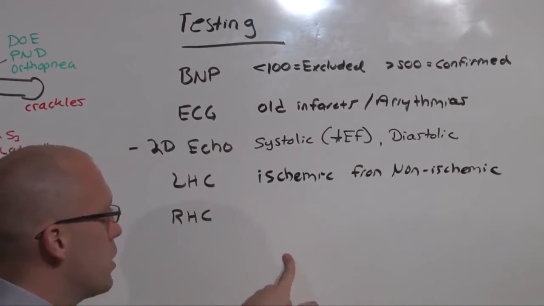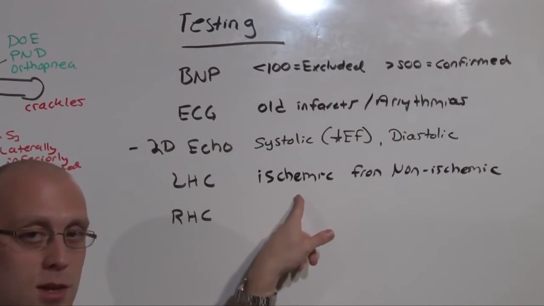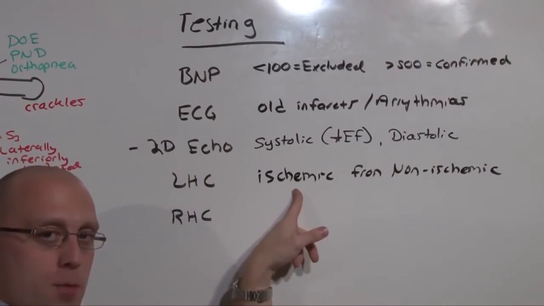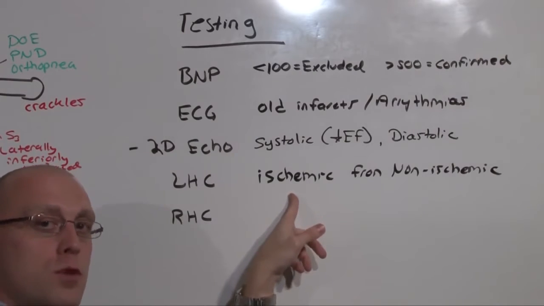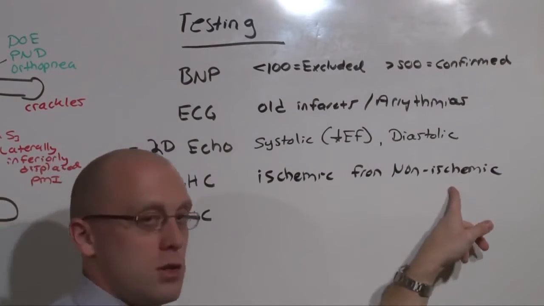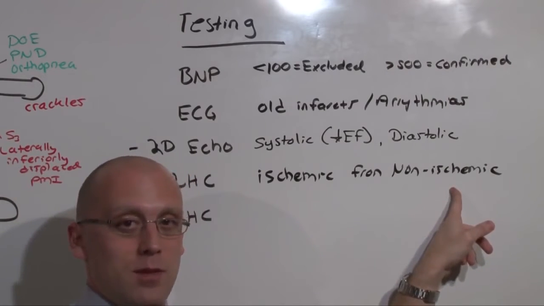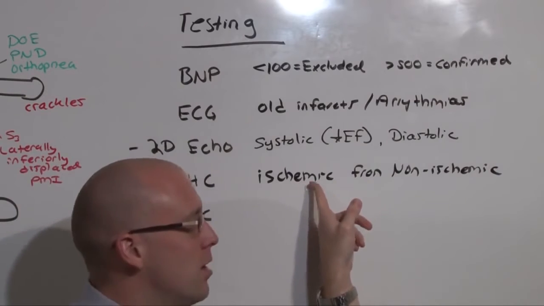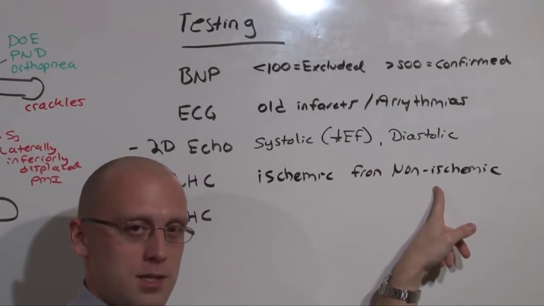If there are complete occlusions of coronary arteries or large vessel diseases, like 80% occlusion, you presume that it is ischemic cardiomyopathy. The left heart cath also allows for intervention and possible reperfusion. If you see clean coronaries in the setting of heart failure, you know it is non-ischemic. If coronary artery disease and heart failure, ischemic. If no coronary artery disease and heart failure, non-ischemic.